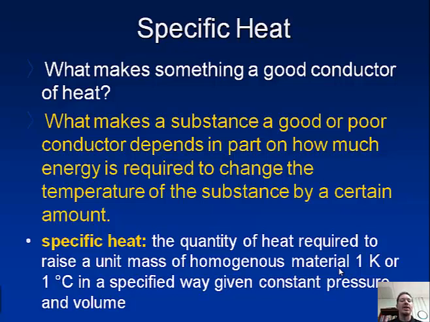This is the quantity of heat required to raise a unit of mass of a homogeneous material, so it's all the same throughout. So it's just water, or maybe just salt or something. So let's just say the water. We're raising 1 Kelvin or 1 degree Celsius in a specified way given a constant pressure and volume.